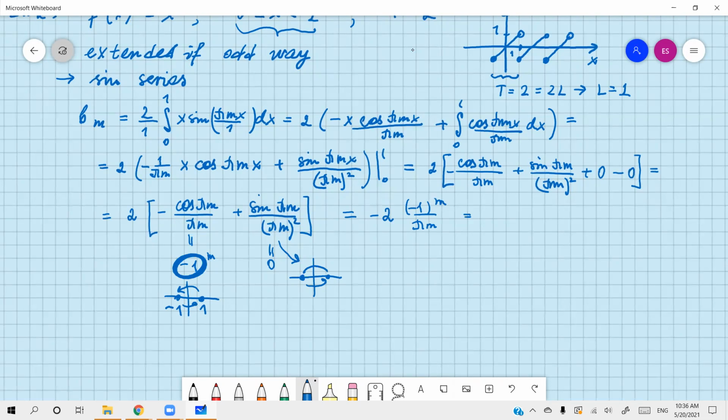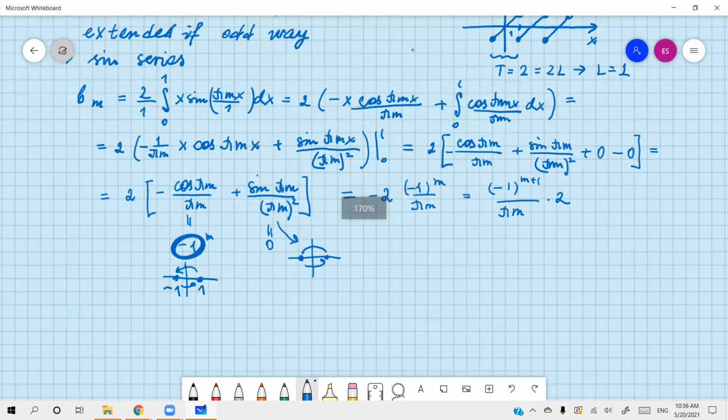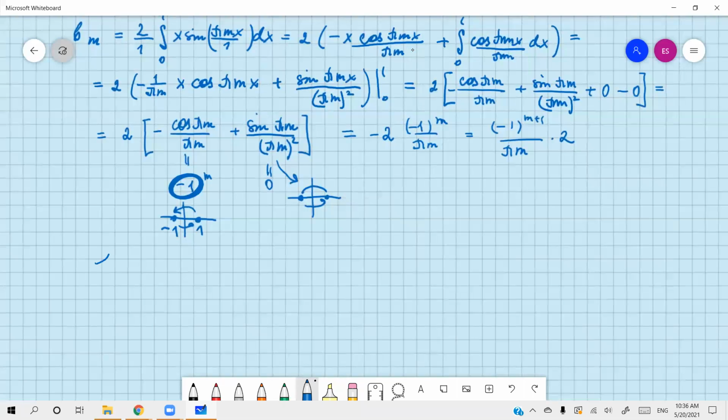And if I take this minus together, it's minus 1 to the power of m plus 1 over pi m multiplied by 2. So my final result is going to look like f of x equals minus 1 to the power of m plus 1, 2 over pi m sine of pi mx, and m goes from 1 to infinity.